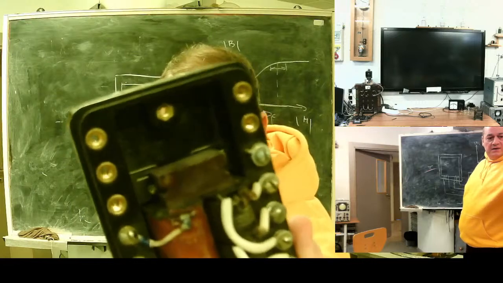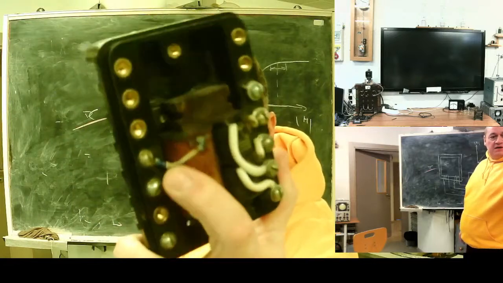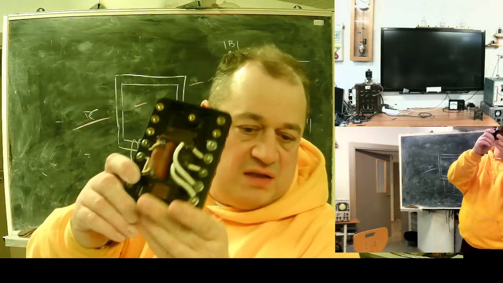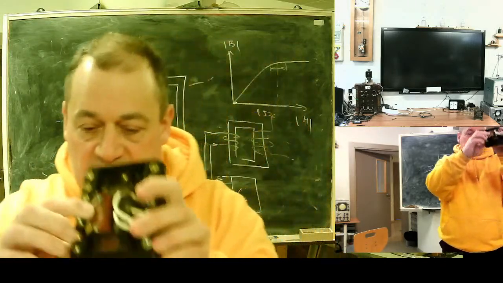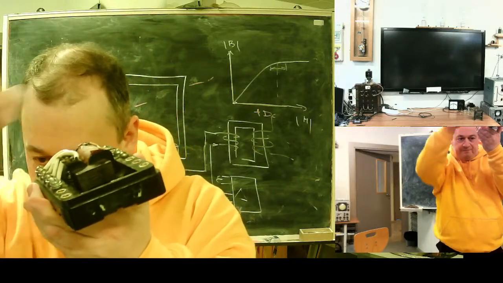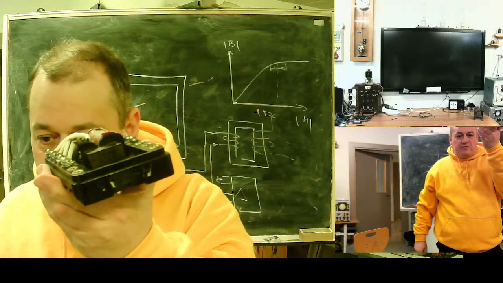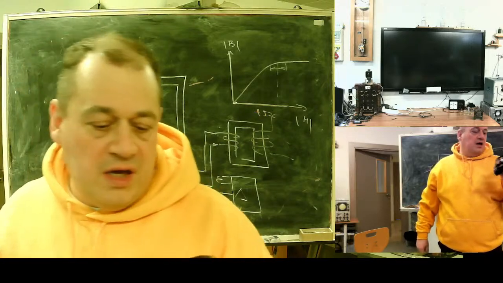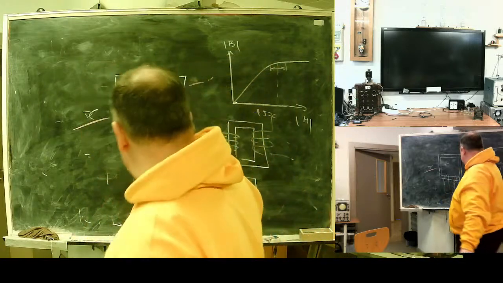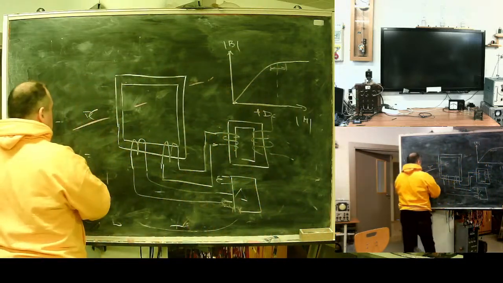See? Primary winding, very massive. It's for high current. Secondary, much thinner, but look at the core. See? Only half of steel. It's a saturatable transformer, one of the versions of how it can be created.